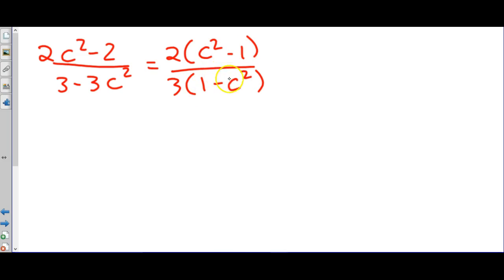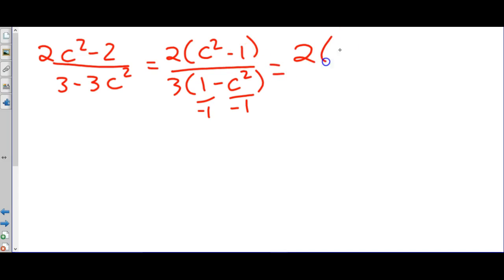Now these almost match, but the bottom is in the wrong order. And when there is a negative value, we can actually factor out a negative 1 on top of what we already factored out. The reason we would want to do that is because if we divide both of these by negative 1, that'll change the c squared to positive, so it matches there, and change the 1 to negative, so it matches there.